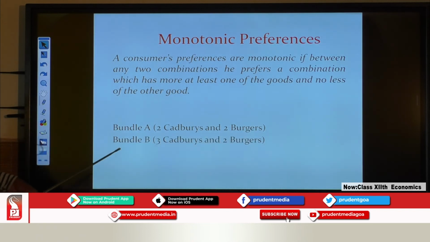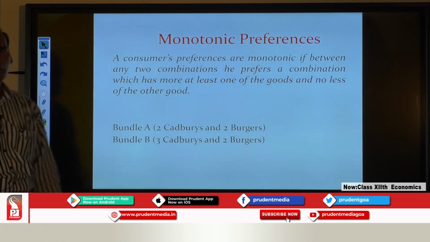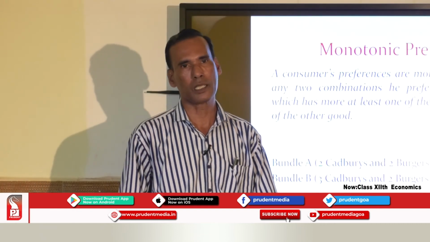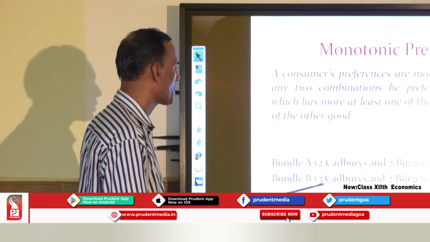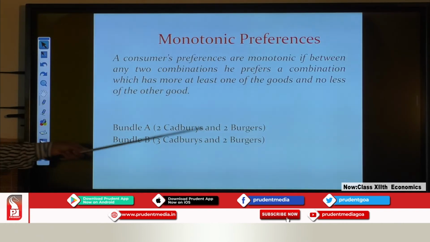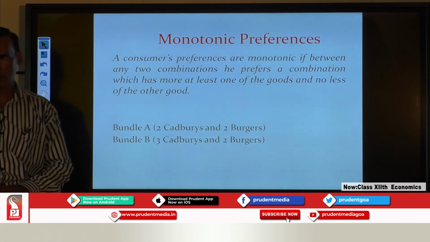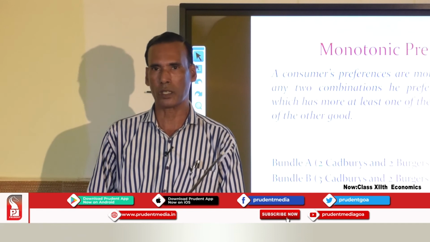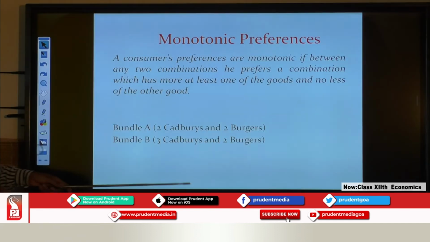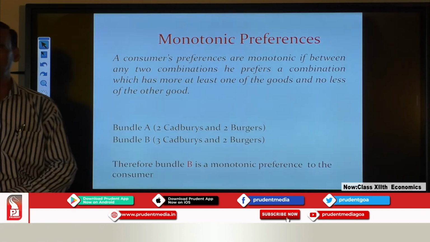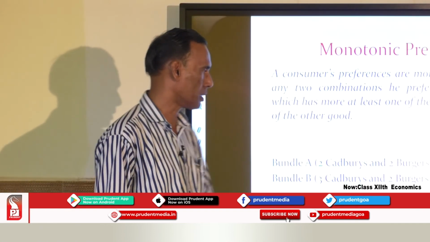I got bundle B, there are 3 Cadburys and 2 burgers. So, naturally, a rational consumer will choose the second bundle because there are 3 Cadburys and 2 burgers, as compared to the first one, there are more of at least one of the commodity. Therefore, bundle B is the monotonic preference of the consumer.